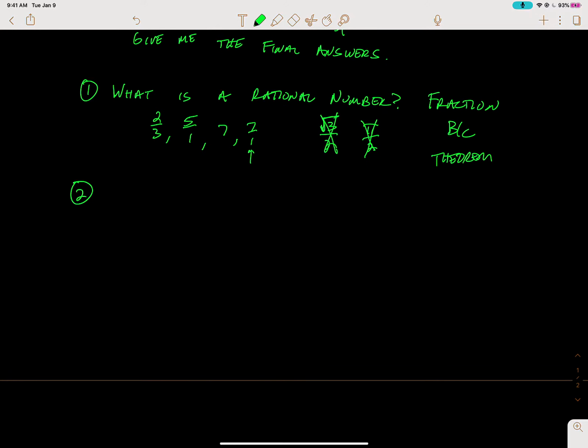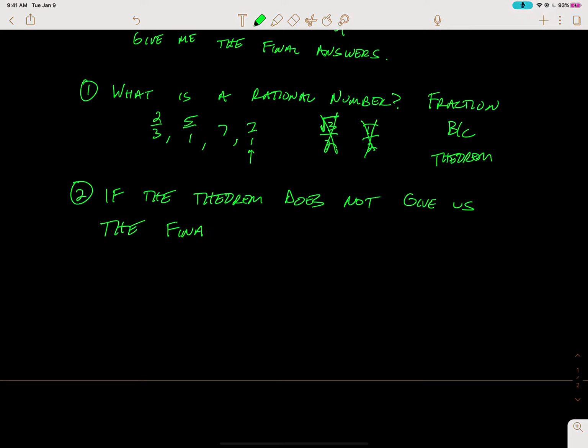The second thing we have to look at is if the theorem does not give us the final answers for the zeros, then what the heck does it give us?